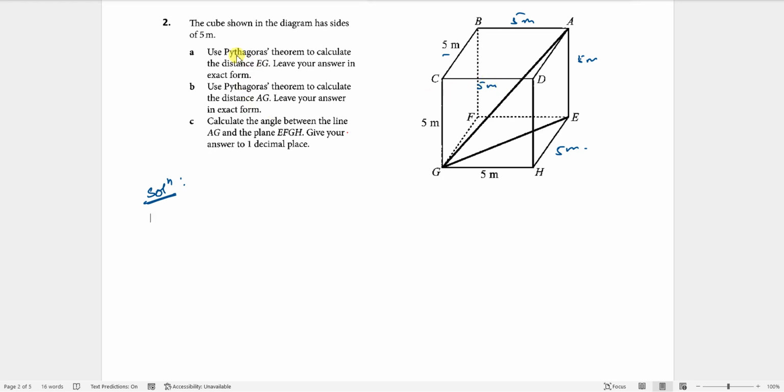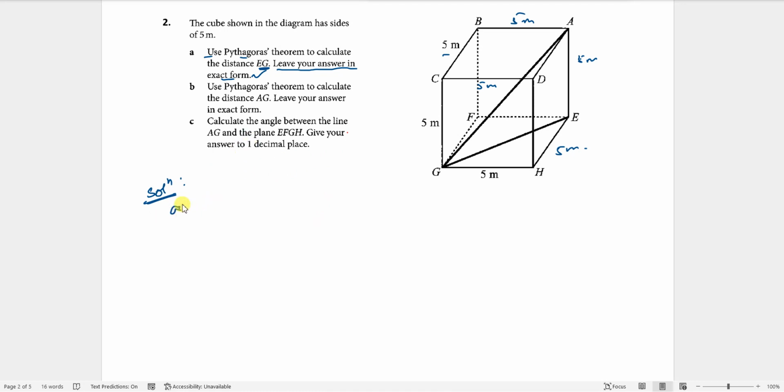Now they said use Pythagoras theorem to calculate the distance, leave your answer in the exact form. This information is very important. When they ask you to leave your answer in the exact form, that means whatever you see in your calculator, you just leave it like that. Whatever the answer you find in the calculator, you just write it like that.